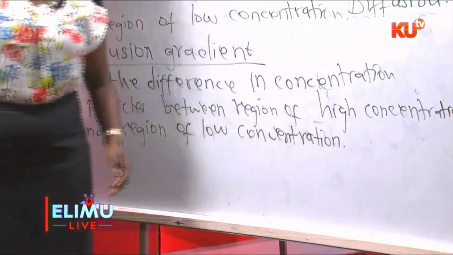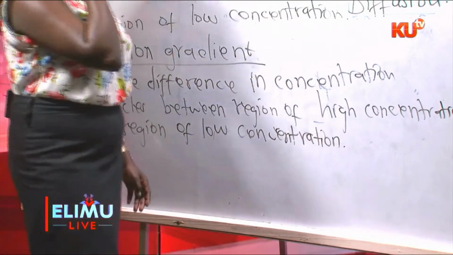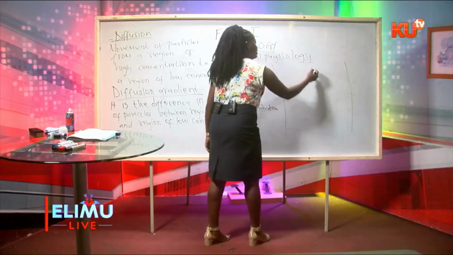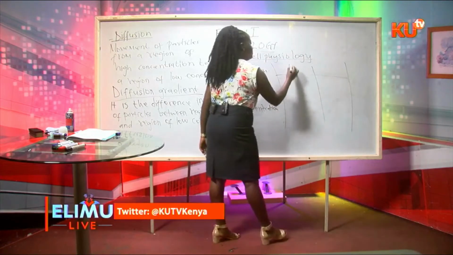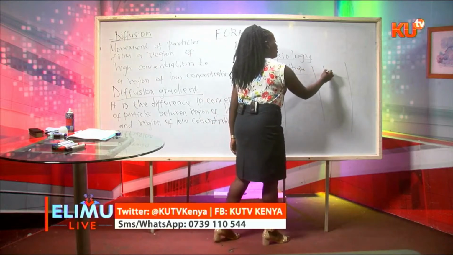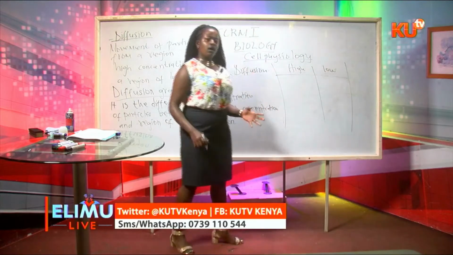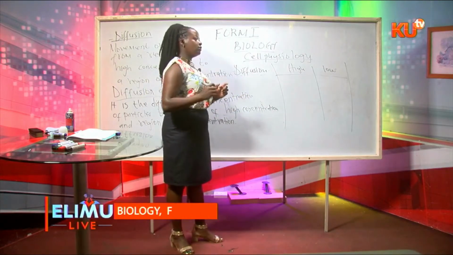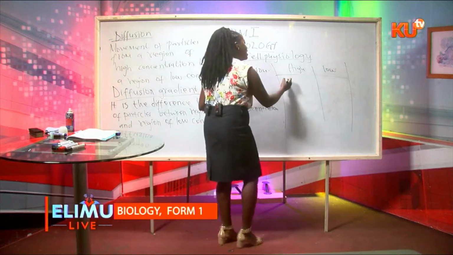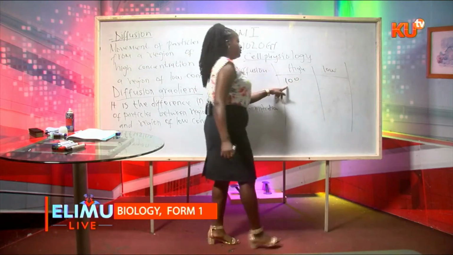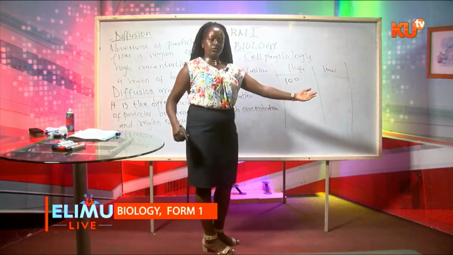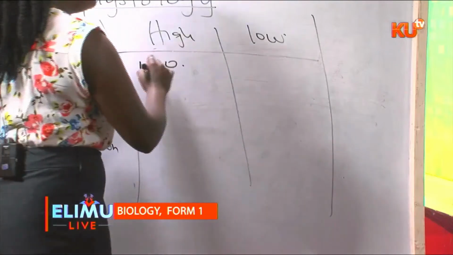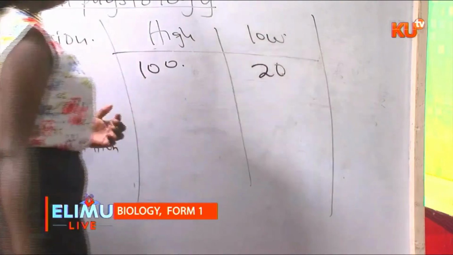We're going to demonstrate that using our board. If this is our region of high concentration, and we have our region of low concentration. So we are going to assume that the particles of snow in this region were 100, and they spread to the region of low concentration. So let's say the ones that spread were 20.